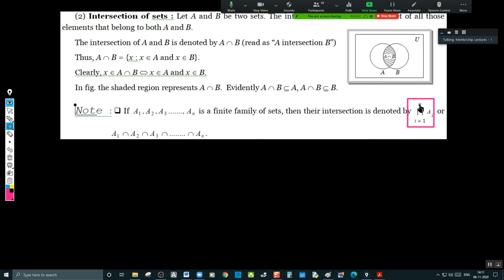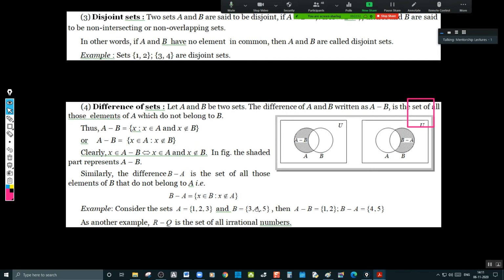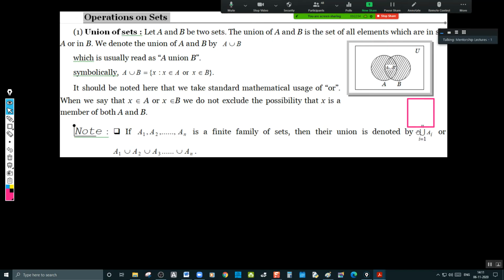We have seen union in the previous class; union is in the form of U. I repeat, union means either A or B. So A1 union A2 union A3 and so on up to An is represented as union of i runs from 1 to n.